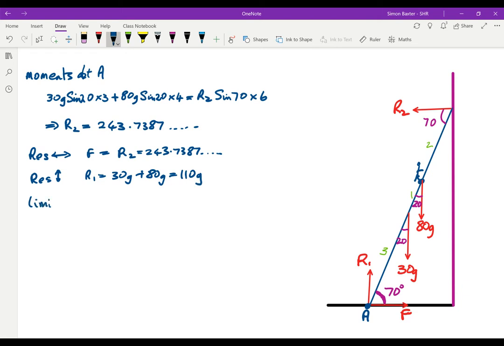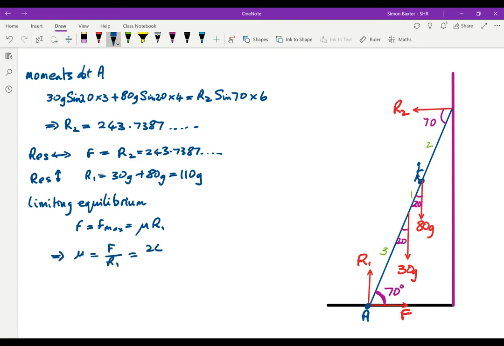Limiting equilibrium means that the friction must be at its maximum. And that is mu R1. And therefore mu is equal to F divided by R1.